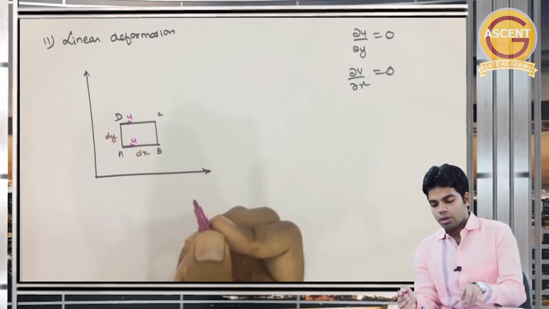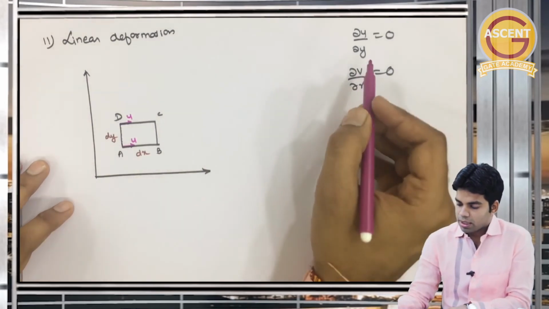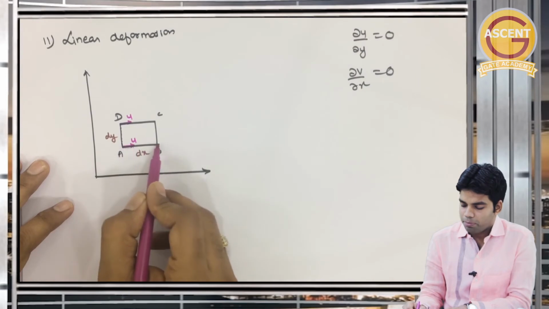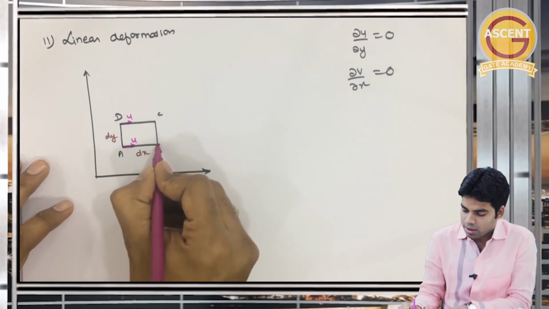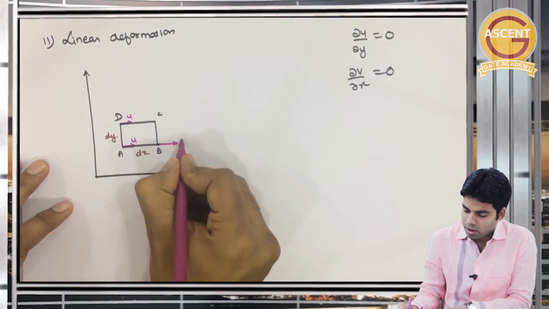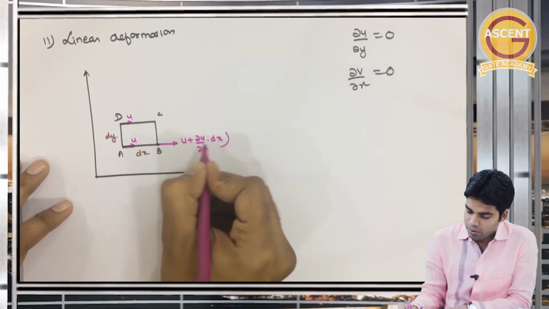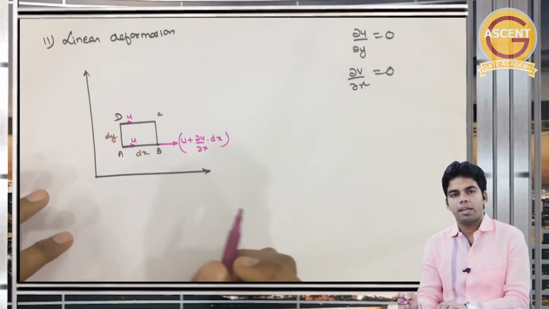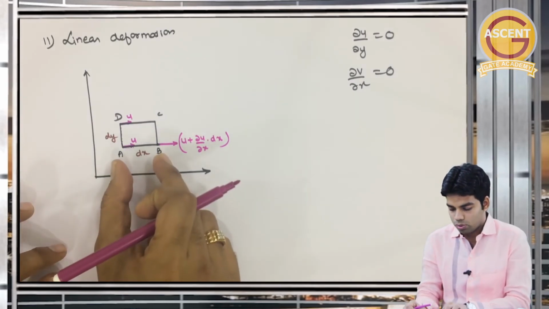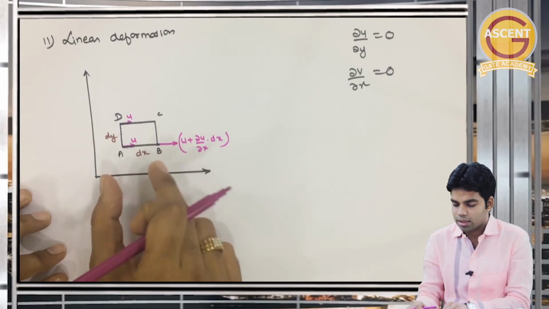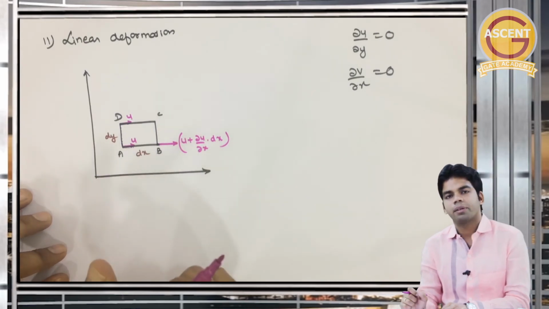Getting this now? But velocity is changing with respect to the x-axis. Here the velocity is u, but at point B the velocity is changing. So here the velocity will be u plus del u by del x into dx. The rate of change is del u by del x, into the total distance, which is dx. So u plus del u by del x into dx is the velocity at point B.